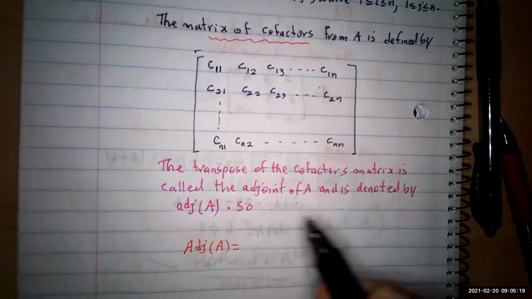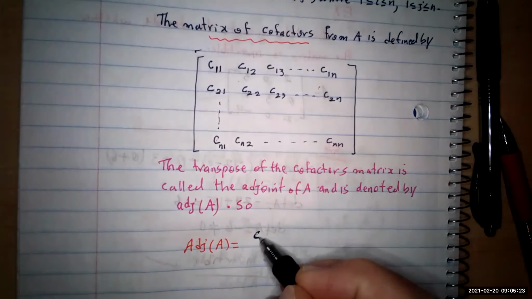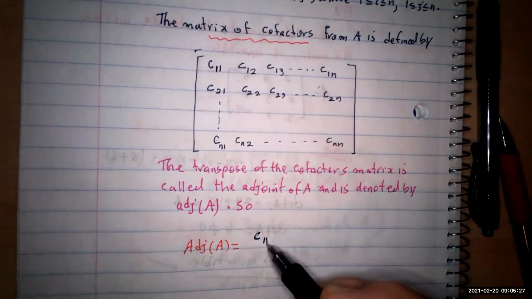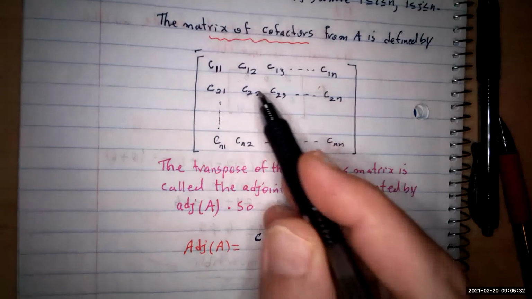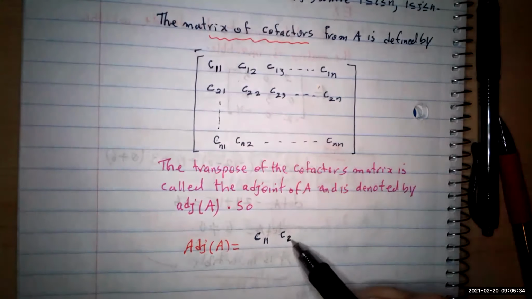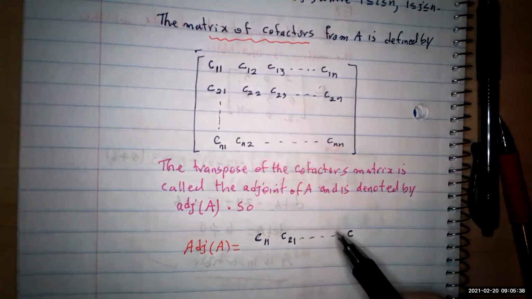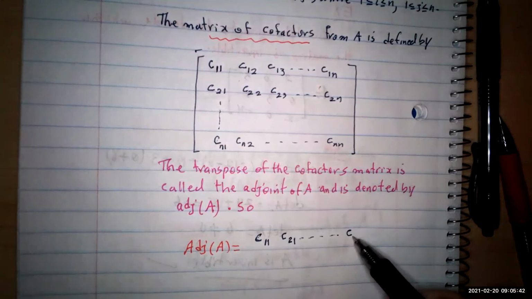So this is what you are going to have: C11, C21, etc., until you get to Cn1.